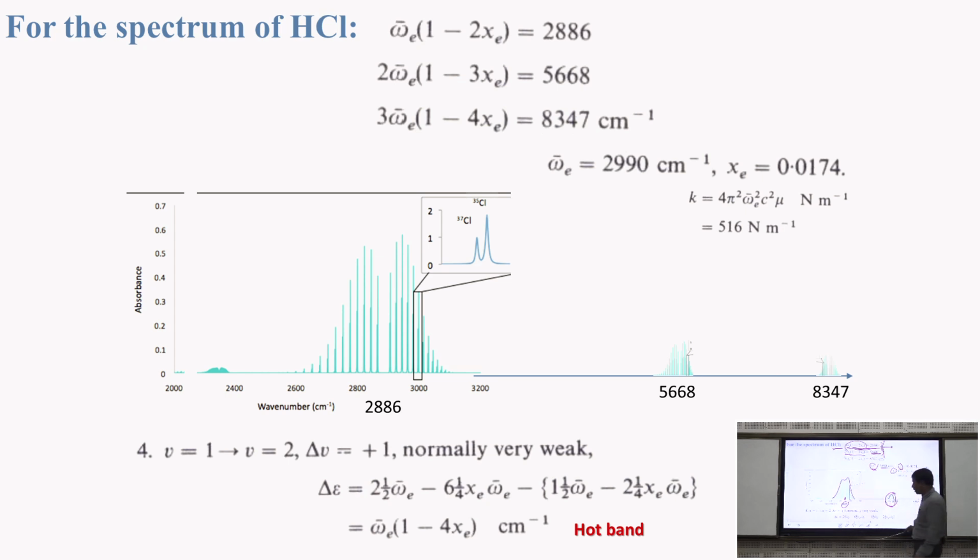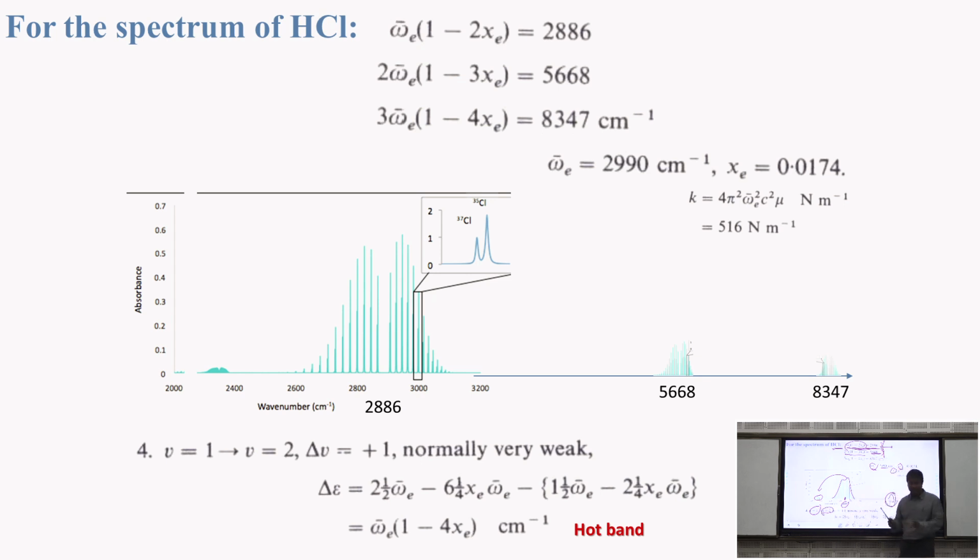So we are happy that we have multiple bands. Another scenario: if you experimentally observe a weak band before the fundamental band, then what is the reason? The reason may be that some amount of population from V equal to 1 gets transited to V equal to 2.